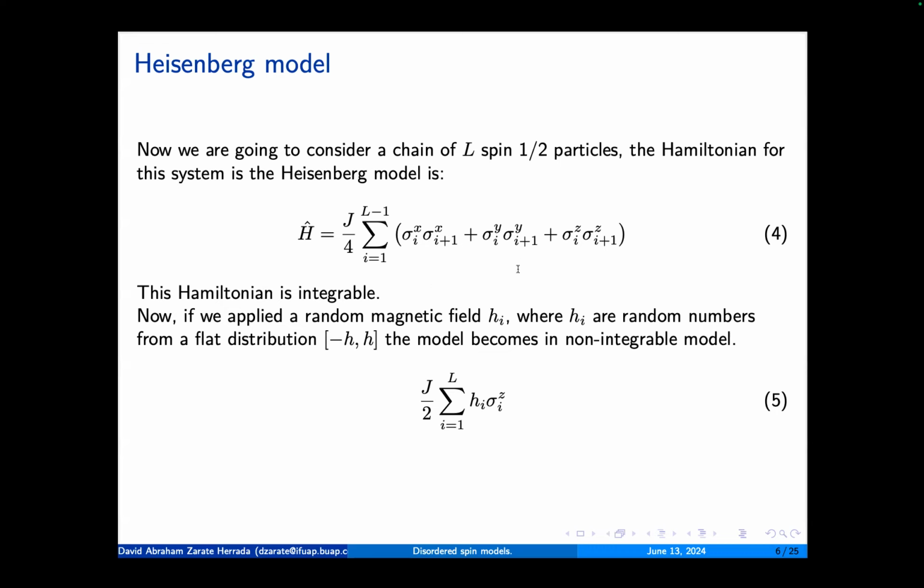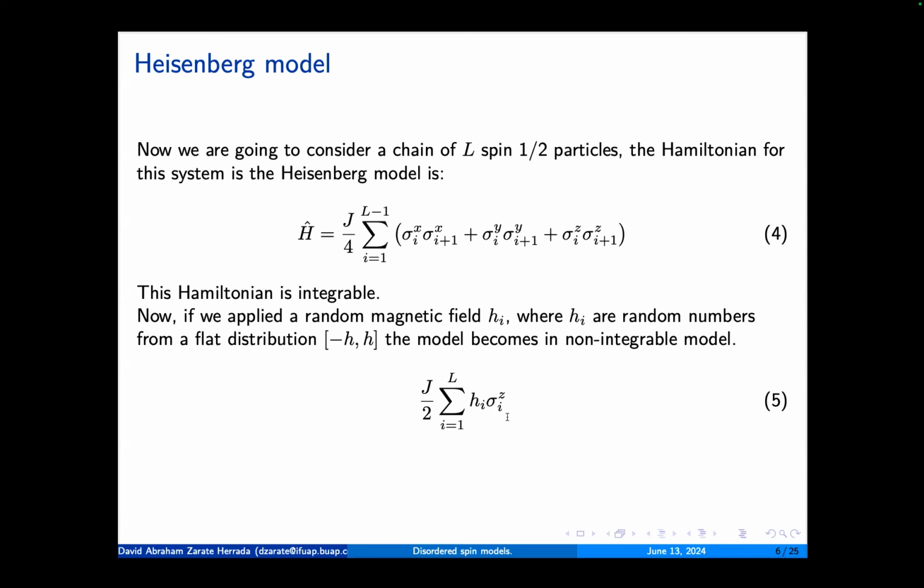This looks like this, where this Hamiltonian is integrable, in the sense that we can get all possible eigenstates and all possible eigenenergies by analytical methods. Now, if we apply a random magnetic field, h sub i, where h sub i are random numbers from a flat distribution, then the model becomes a non-integrable model.